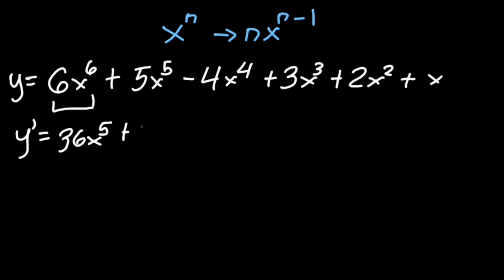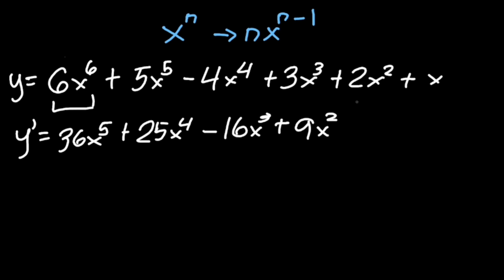Plus the derivative of 5x raised to the power of 5 will be 25x raised to the power of 4, plus the derivative of 4x raised to the power of 4 will be 16x cubed, plus the derivative of 3x raised to the power of 3 will be 9x squared, plus the derivative of 2x squared will be 4x, plus the derivative of x will simply be 1.